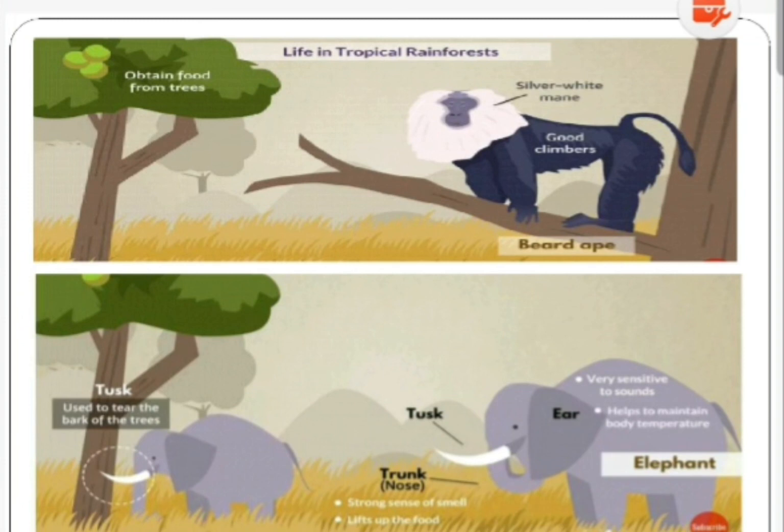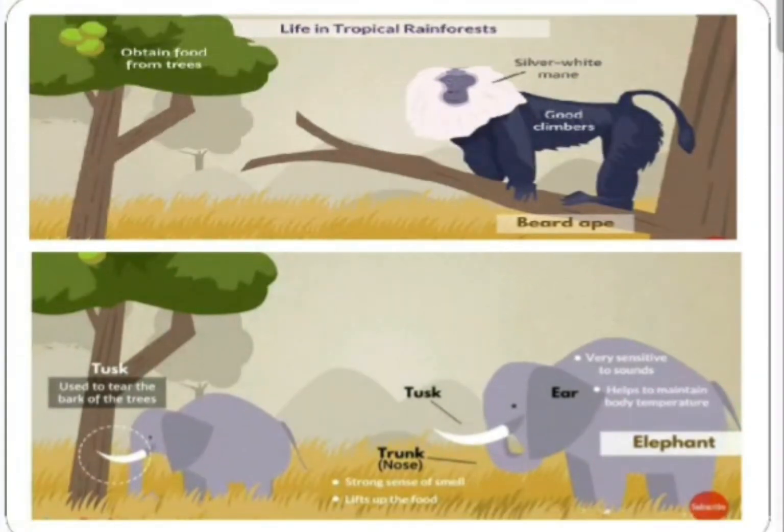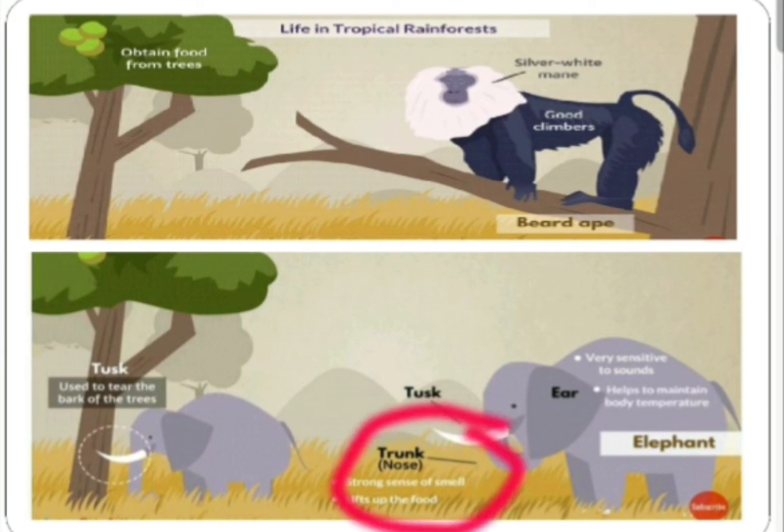Another well-known animal of the Indian tropical rainforest is the elephant. It has adapted to the conditions of the rainforest in many remarkable ways. Look at its trunk. It uses it as a nose, with which it has a strong sense of smell.